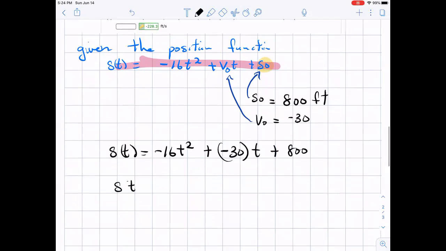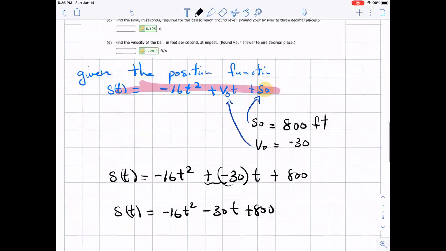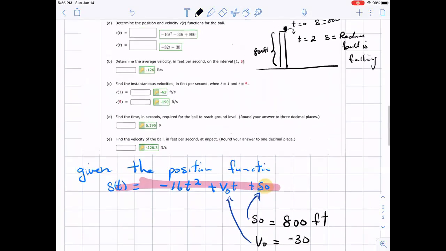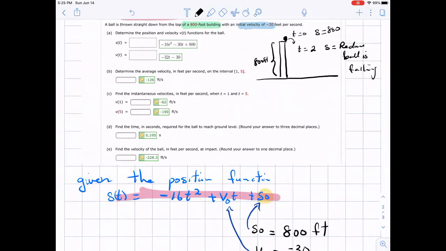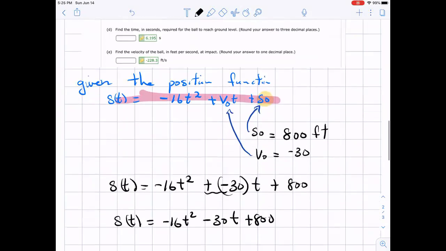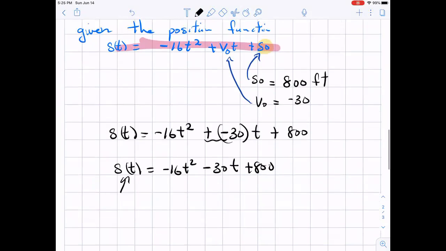So S of t is equal to minus 16t squared, negative 30t plus 800. And that would be the position function. S of t is the position function.